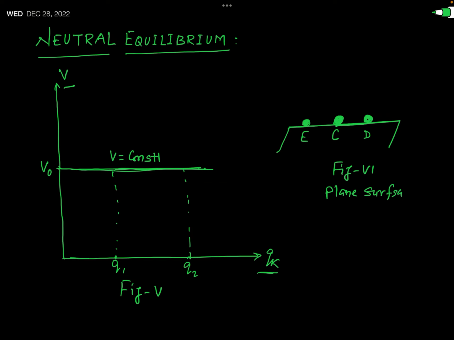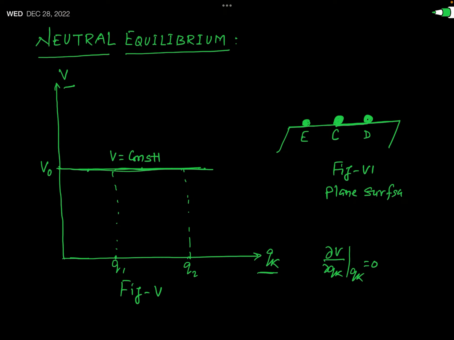Okay, just parallel to Qk. And since it is parallel to Qk, the slope at any point on this curve will be equal to 0. Okay, del V by del Qk at any Qk will be equal to 0. And in that condition, we say that our system is in neutral equilibrium.